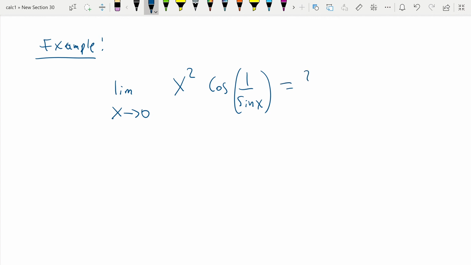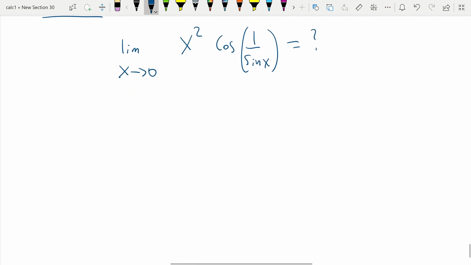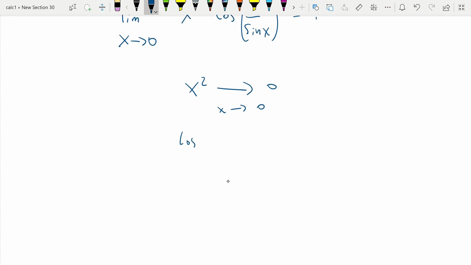This limit is equal to what? This is a product of two functions. One goes to 0, which is x squared, as x approaches 0. And the other is cosine of 1 over sine x.